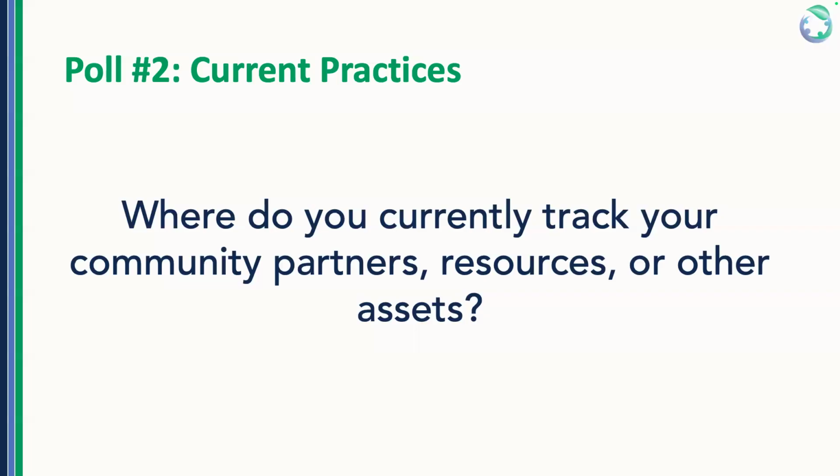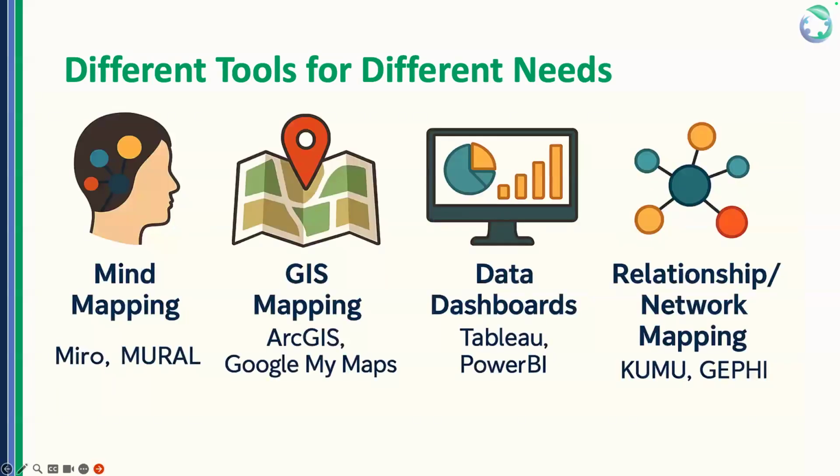So, when thinking about tools, there are a lot of different tools, even beyond what is currently on my slide, that fulfill really different needs. I recognize that mapping can mean lots of different things depending on your purpose, and that purpose is usually what leads to your tool of choice.